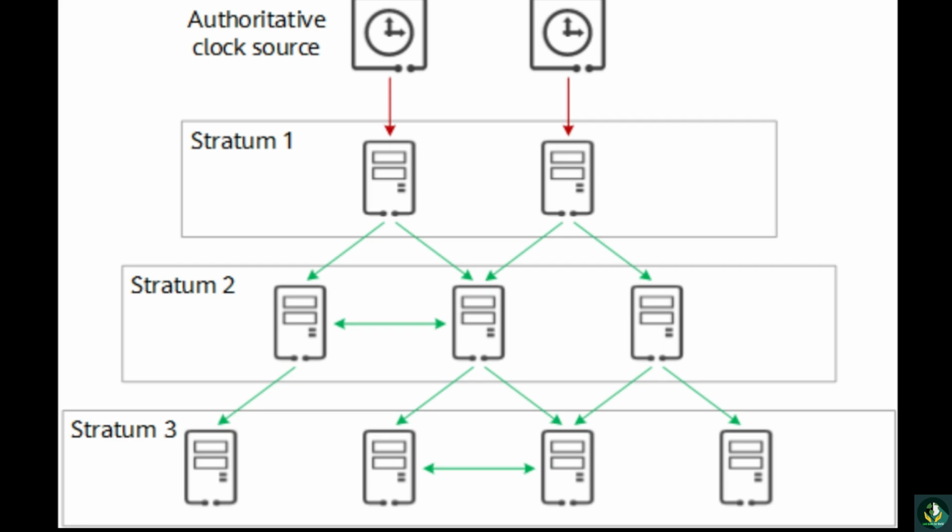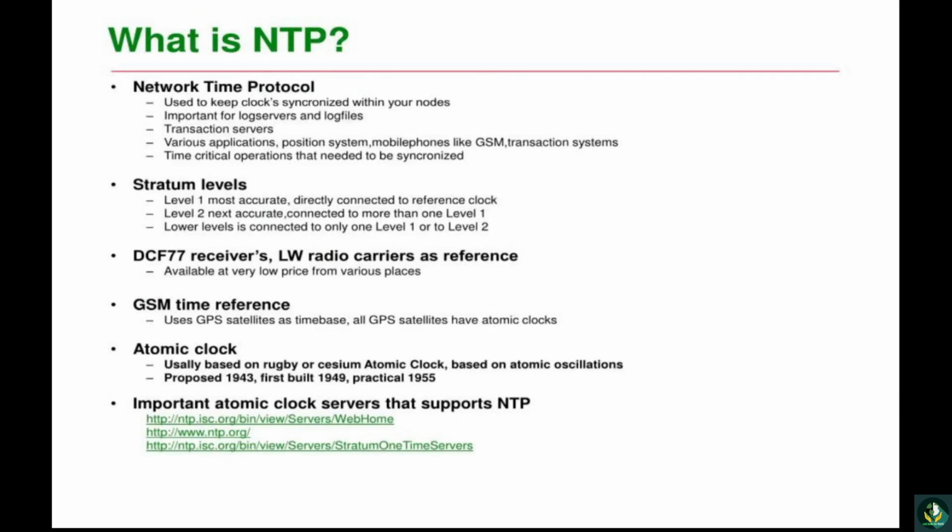So have a look. Authoritative clock source, and all Stratum 1 to Stratum 3 are connected with each other. Here, first layer of what is NTP, Network Time Protocol, used to keep clocks within your nodes in sync.